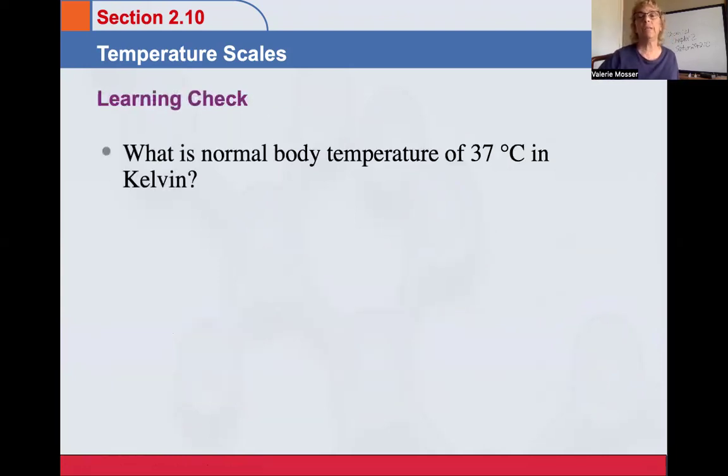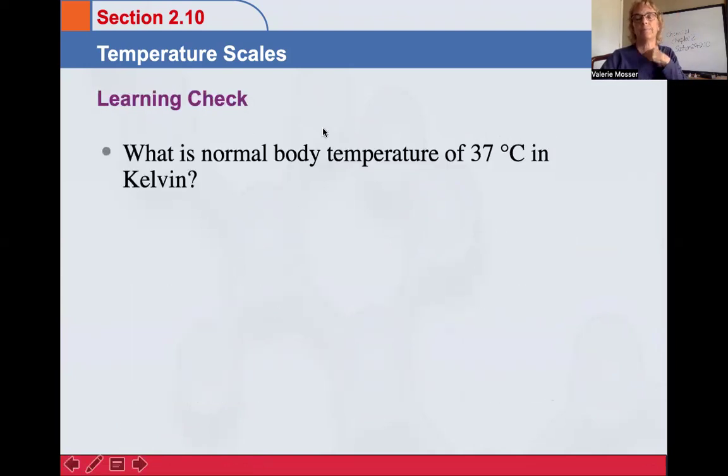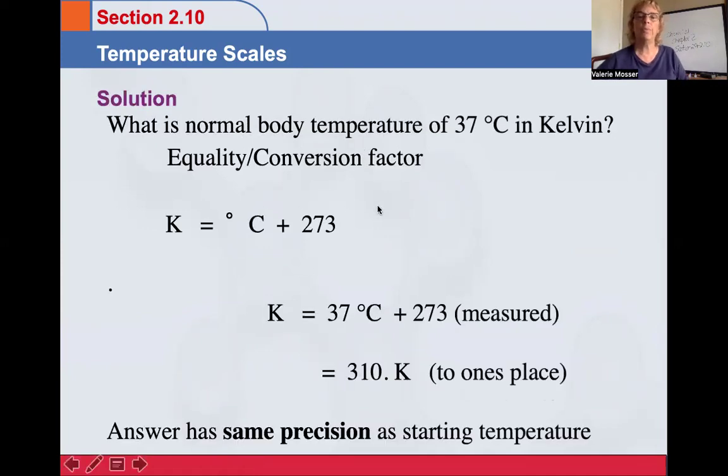First of all, just convert 37 degrees C to Kelvin. So 37 degrees C to Kelvin by adding 273. So when we do this, these are both going to be measured values. So when you get the answer 310, you want that answer to still have the same precision in the ones place, right?